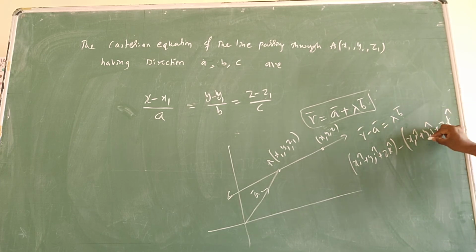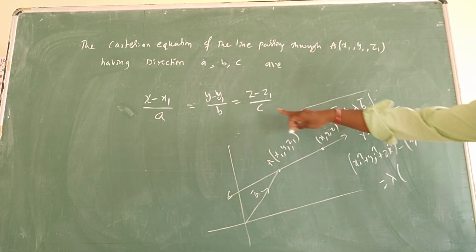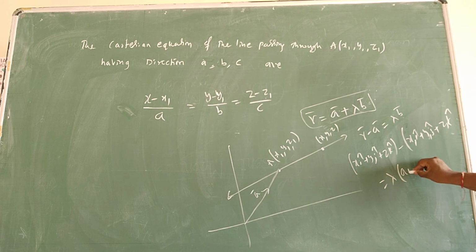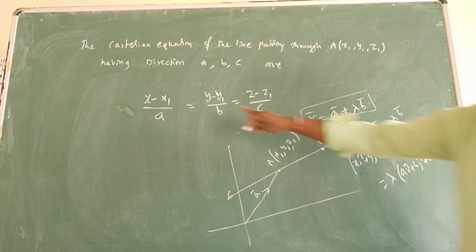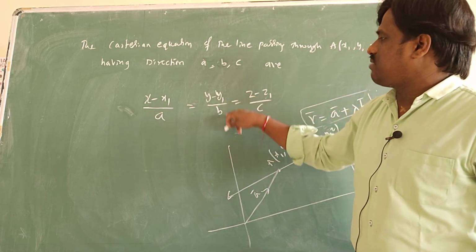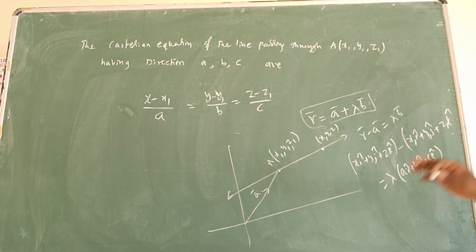This is equal to lambda times, as per the direction they gave, A, B, C, so we write A i cap plus B j cap plus C k cap. Just subtract and compare, then you get x minus x1 by A equal to y minus y1 by B equal to z minus z1 by C equal to lambda. That is called the Cartesian form of a line.